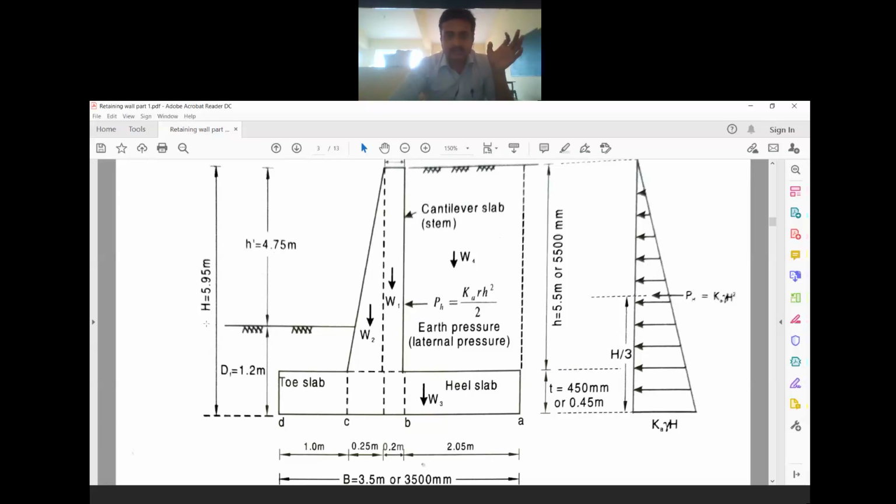Next we have calculated the thickness of the base slab, then width of base slab, then height of stem, then top width of the stem and bottom width of the stem, then toe slab projection length and heel slab projection length. So these are the basic dimensions of a cantilever type retaining wall. Okay, understood? So this is how we shall do it.